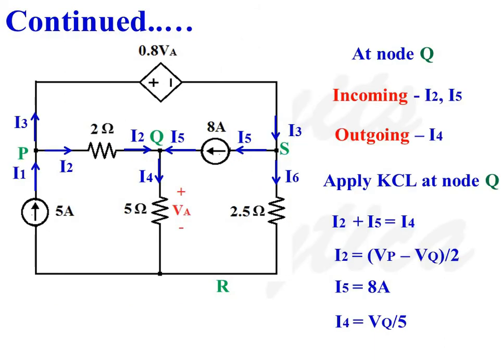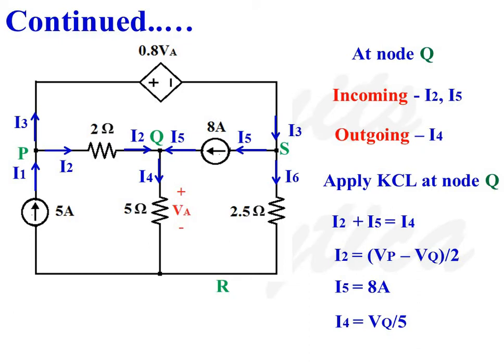First of all, let us consider node Q. There are three currents associated with node Q. These three currents are I2, I5 and I4. Apply KCL at node Q. According to KCL, total incoming current is equal to total outgoing currents.